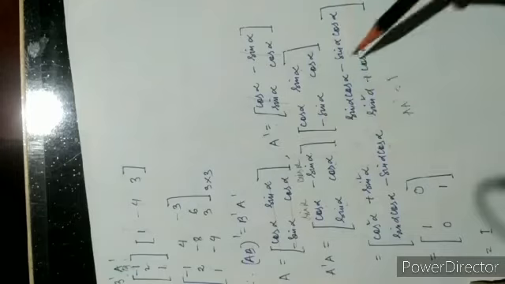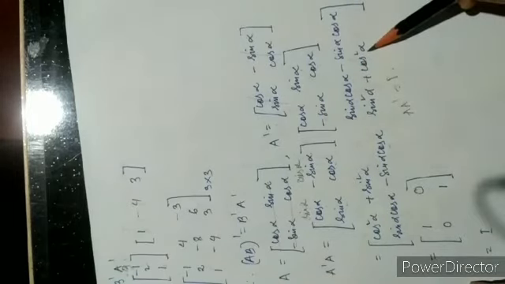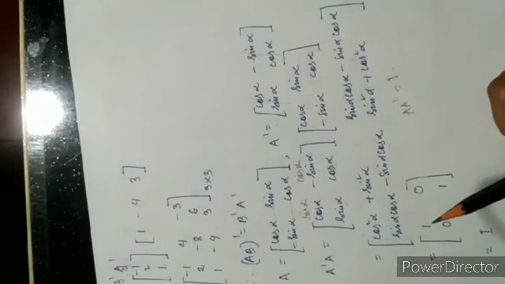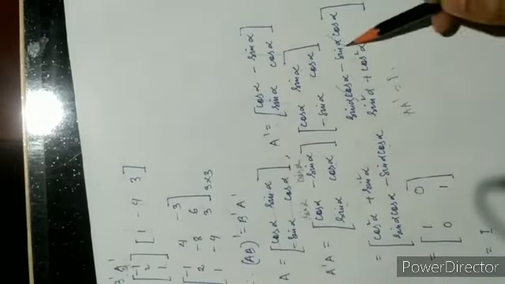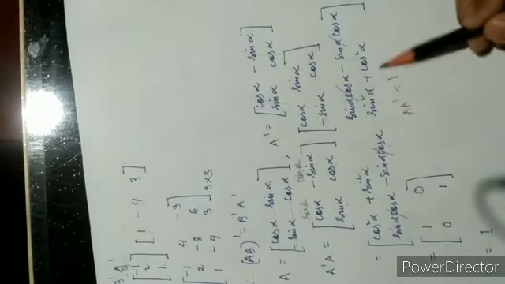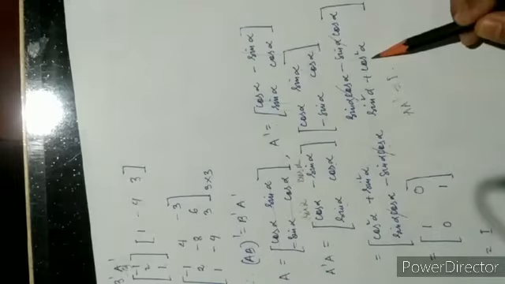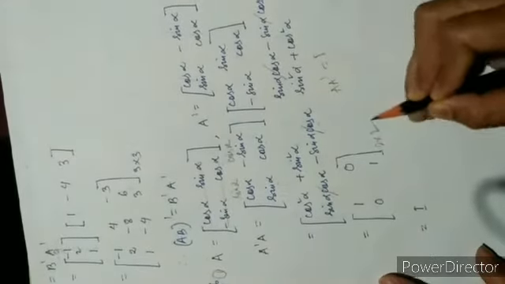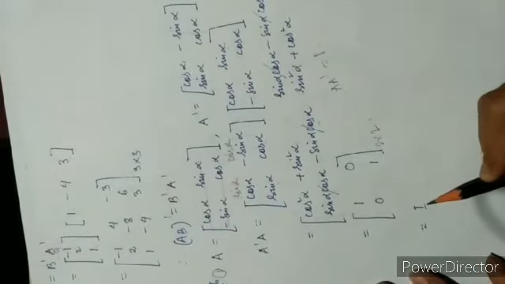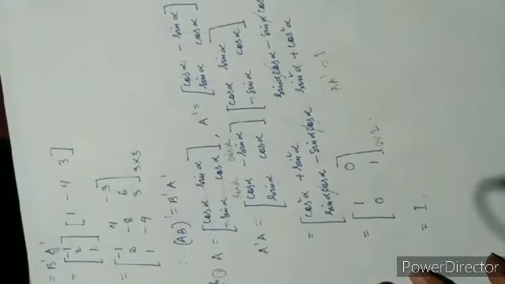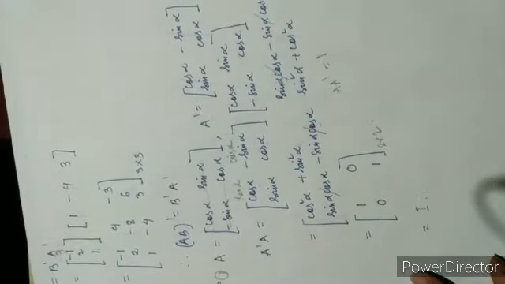Cos alpha into cos alpha is equal to cos square alpha. Cos square alpha plus sin square alpha, which is an identity, equals 1. Cancelling this term and this term, we get 0. Cancelling this term and this term, we get 0. And sin square alpha plus cos square alpha, which is an identity, equals 1. So, this is an identity matrix of order 2 and it is represented by I. Left hand side is equal to right hand side, hence proved. Next question.